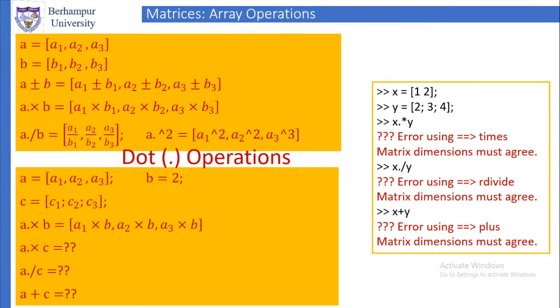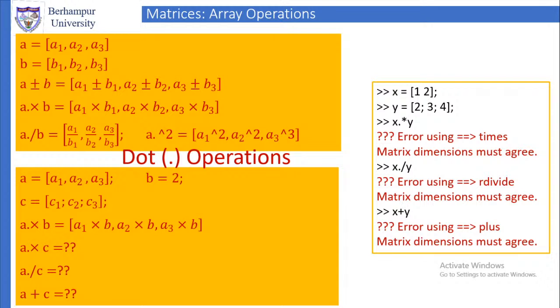This is the normal operation. If I write A dot star, this is the dot operation. Here I am showing cross, but in MATLAB for cross you will put star. A dot star B will be A1 cross B1, A2 cross B2, A3 cross B3.